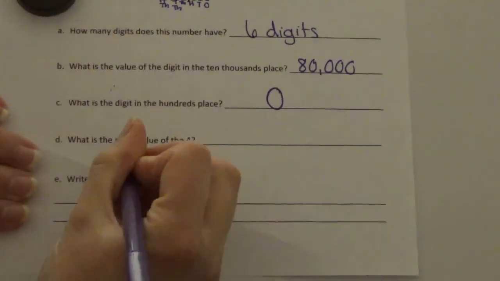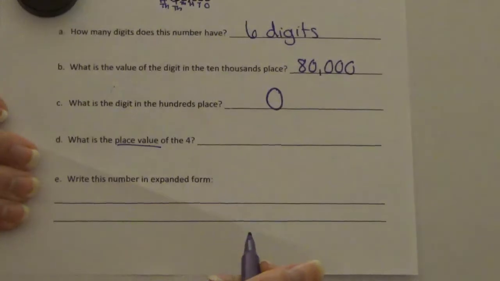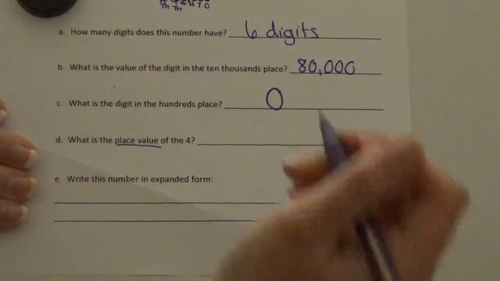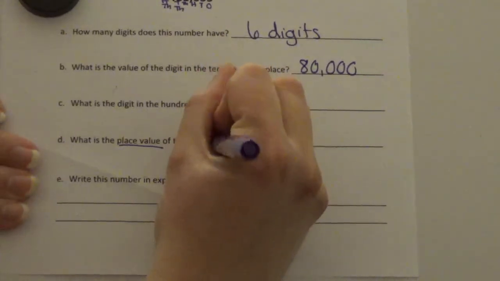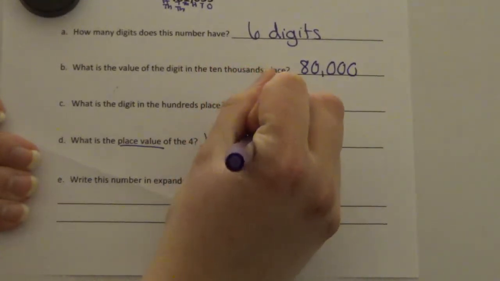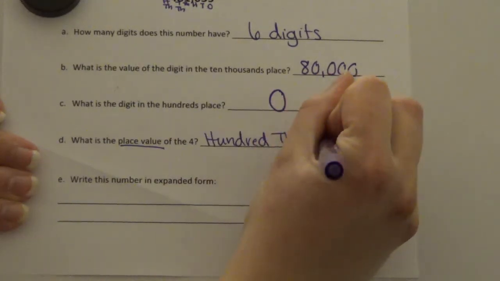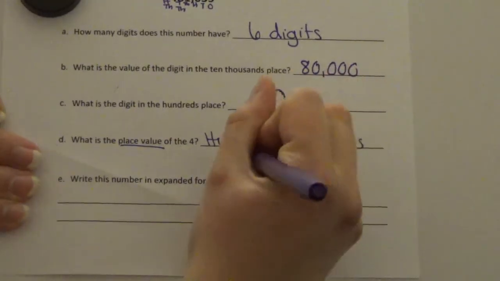Now, a question like this is asking you for the place value, not asking you for the value, not asking you for the digit, but the name of the place value. So the 4 is in the hundred thousands place.